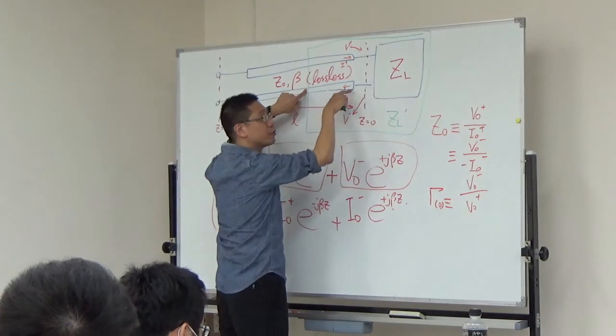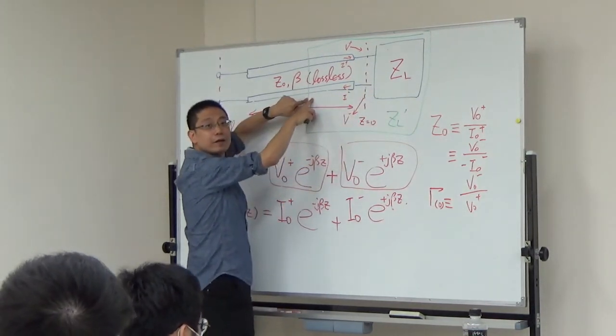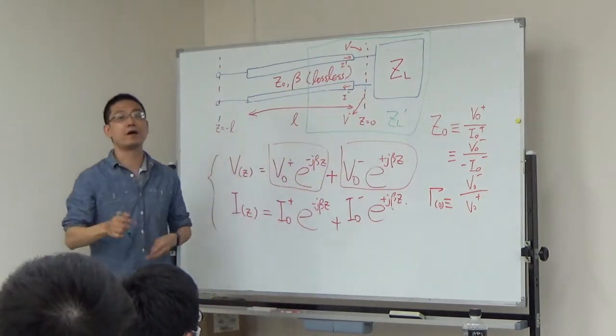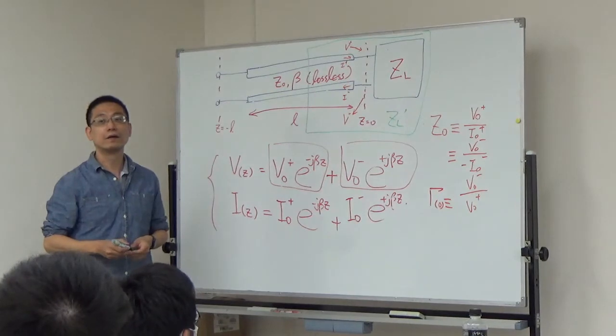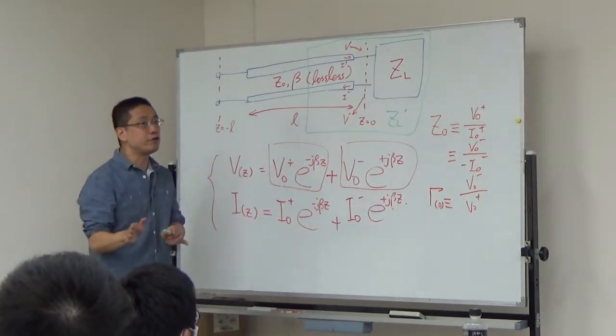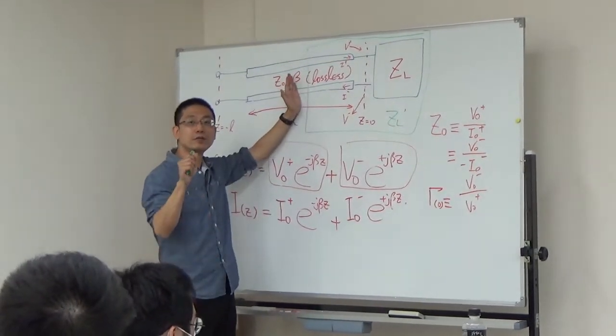If you put a transmission line, your ZL will become a new ZL, right? So the green box is your new ZL. Now, your reflection coefficient at this point will be changed.